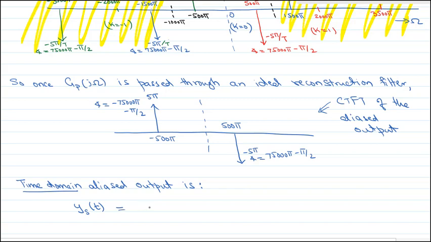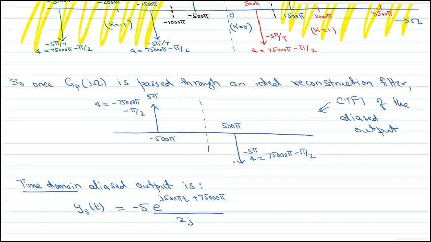This is going to be, first of all, minus 5 due to the magnitude here, and then it's going to be e to the j 500 pi t plus 75,000 pi divided by 2j.